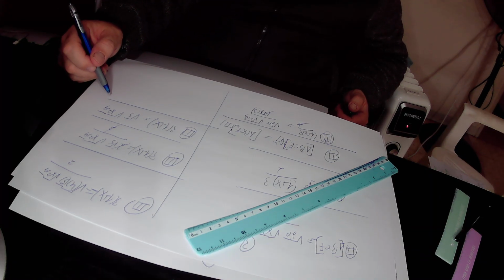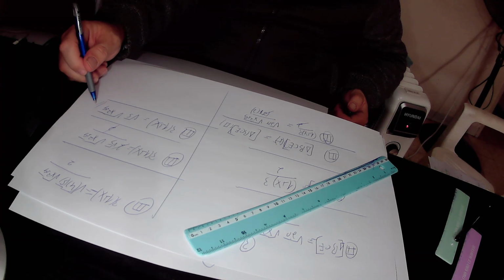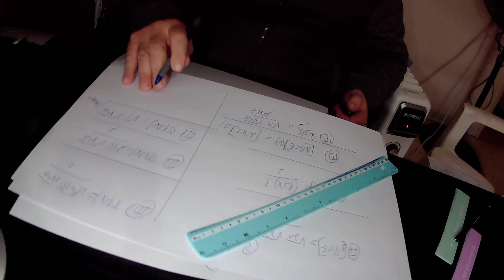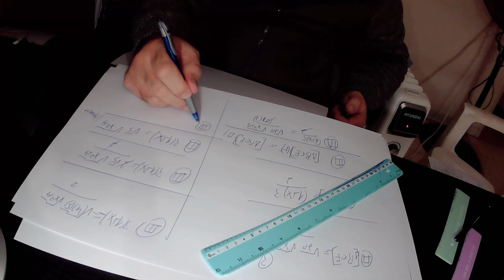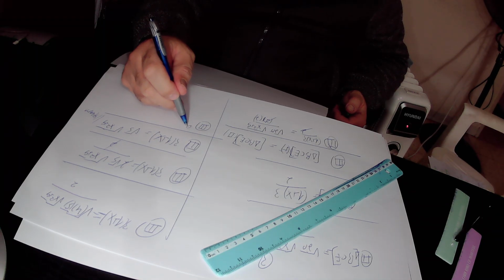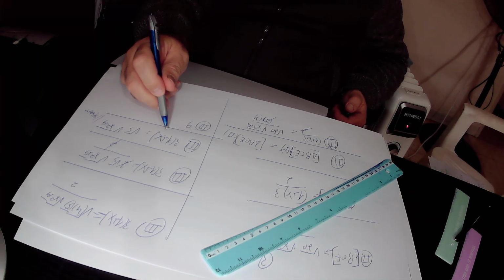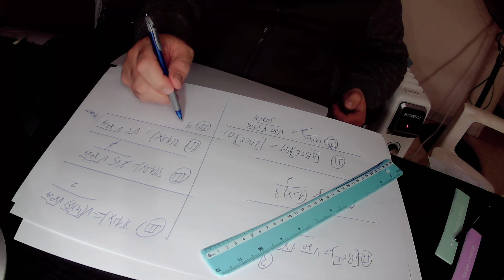So here we will square both sides of this equation. Three squared is 9, and 1 plus x squared is 1 plus x squared.